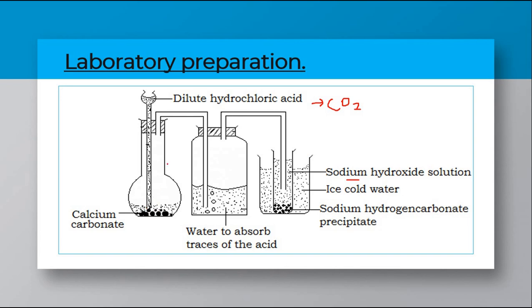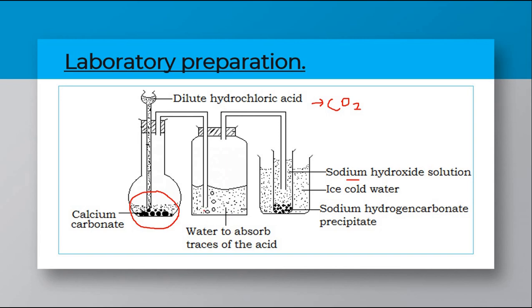So having formed our carbon dioxide from this reaction that took place in the flask, the carbon dioxide in this case is formed with traces of the acid. Hydrochloric acid is a fuming acid, so normally its traces come with the gas that is being formed, and in this case it is carbon dioxide.